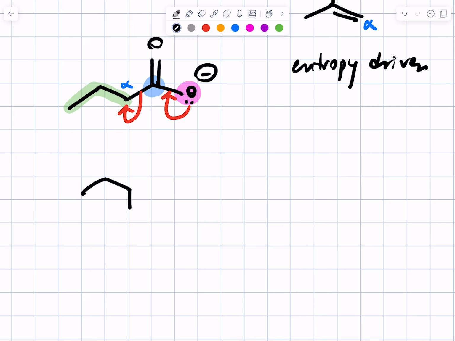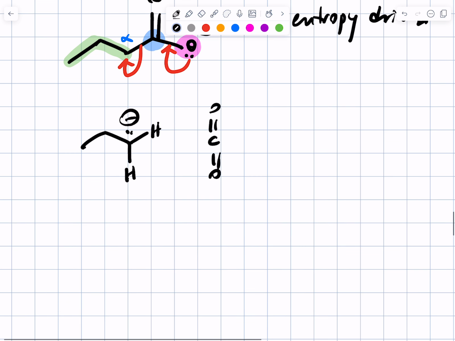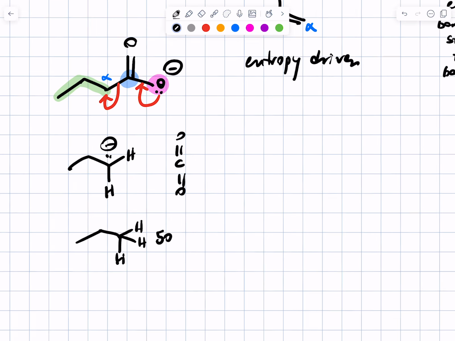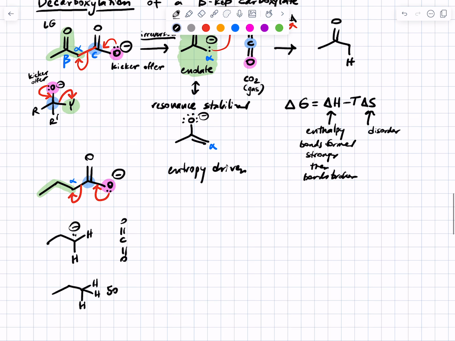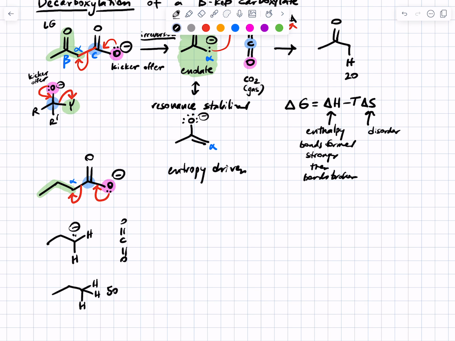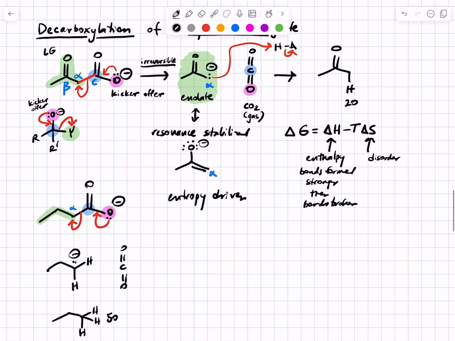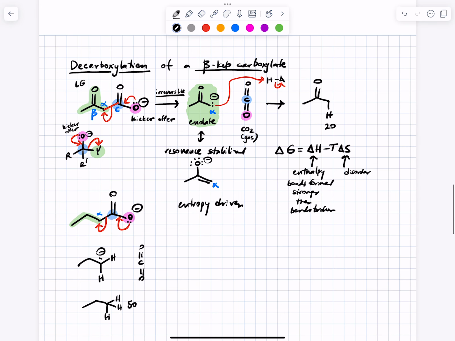What would that leaving group be? It would be this molecule. That is the conjugate base of an alkane whose pKa is 50. In contrast, the enolate's conjugate acid has a pKa of 20. So it's much, much, much, much, much better for the enolate to be a leaving group than it would be for just this anion to be a leaving group.